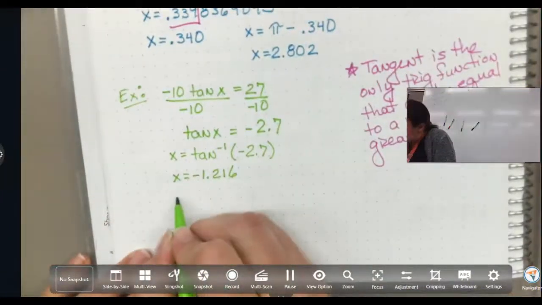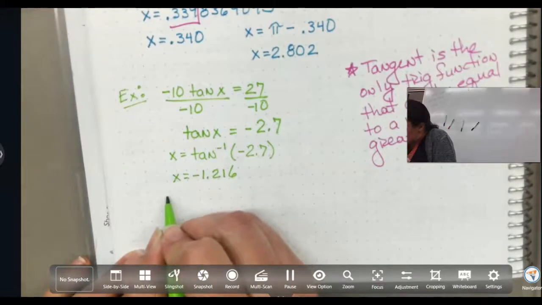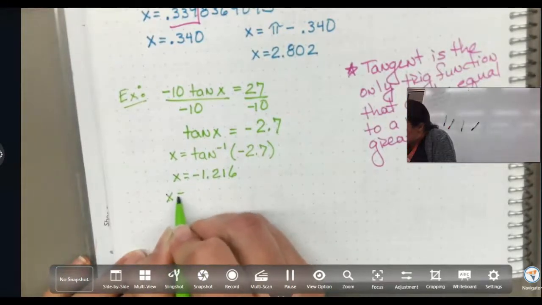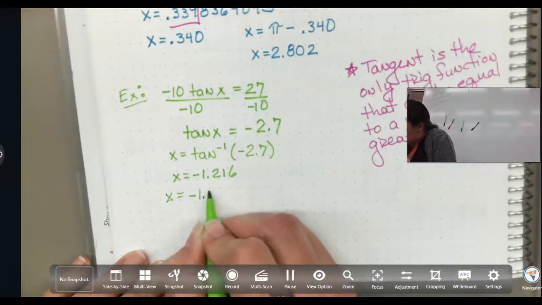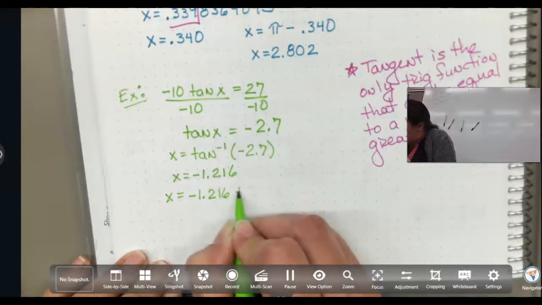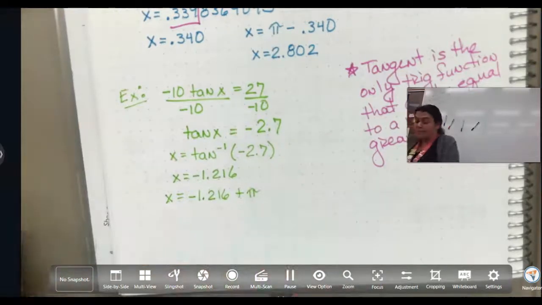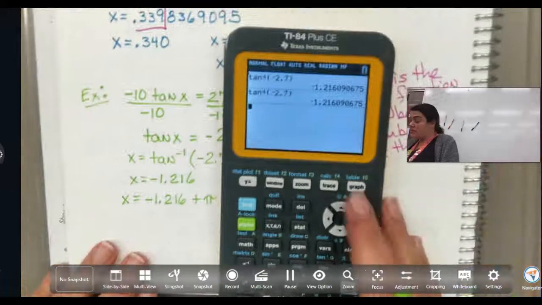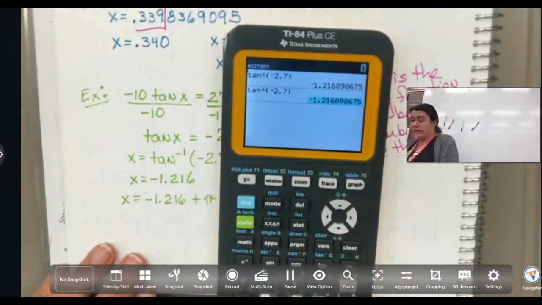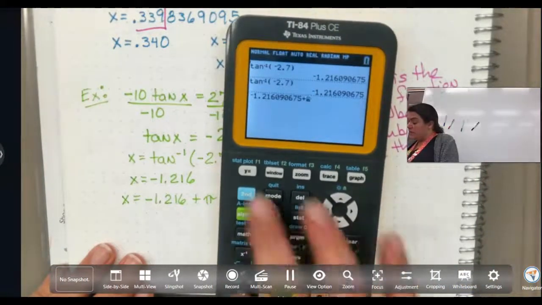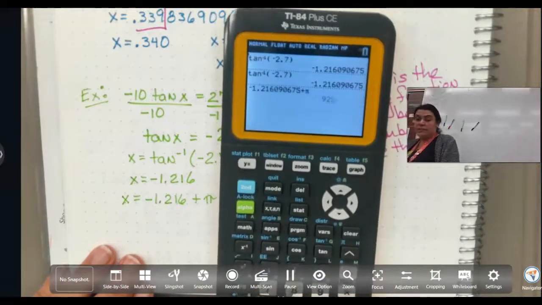So for this guy right here, I know that I have to take this value and say x equals negative 1.216 plus pi. When I do that, I come up here, I hit enter, plus, and now I'm going to add pi.